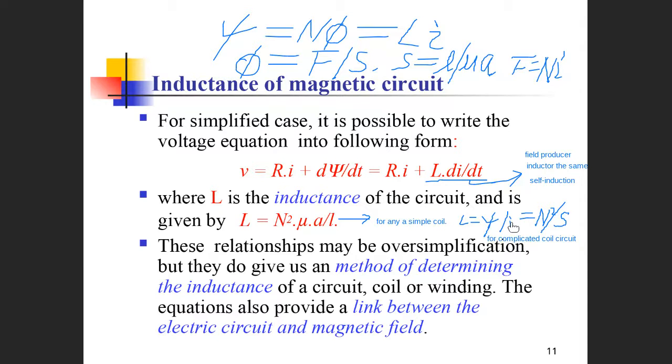But for the general case, for a complicated coil circuit, you should use the original definition of the coils, that is L equal to phi over I. Furthermore, it is N squared, the square of the turns of the source coils, over the circuit reluctance S. So N is the source coils taking current, and S is the reluctance of the total magnetic circuit.